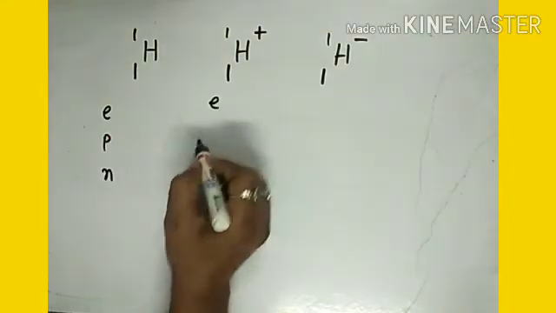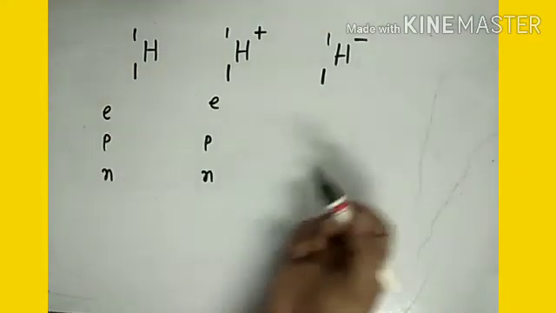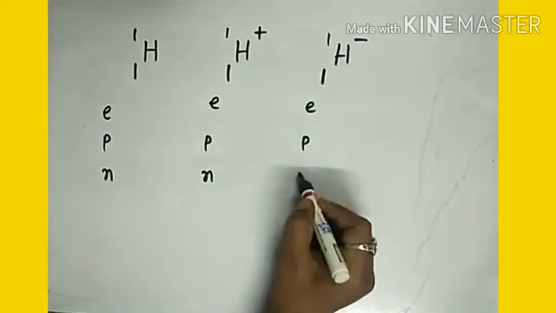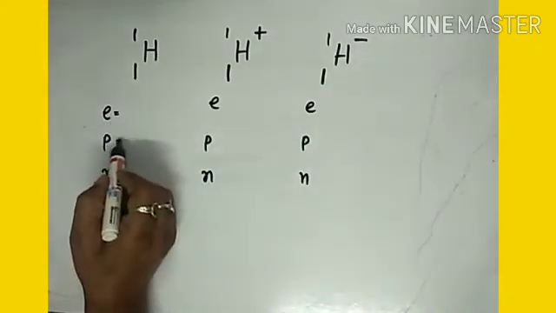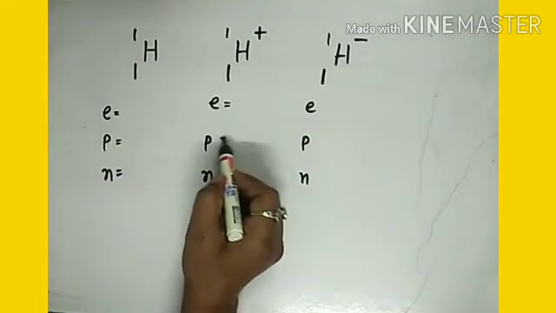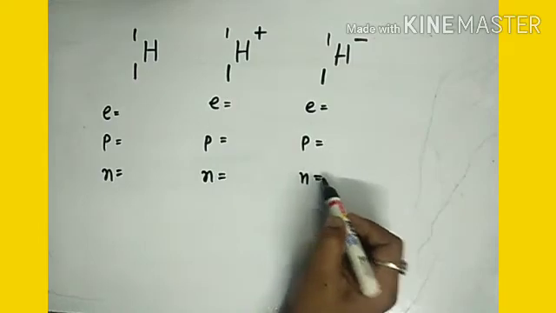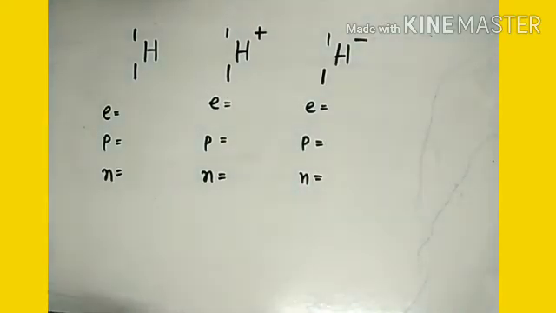Each and every ion or ionic species or atom has a different number of electrons, but proton number will always be the same as far as the single atom is concerned, because it's hydrogen. So protons are always similar.